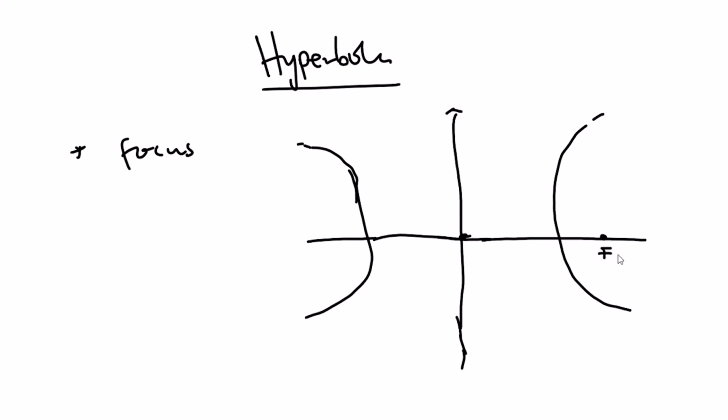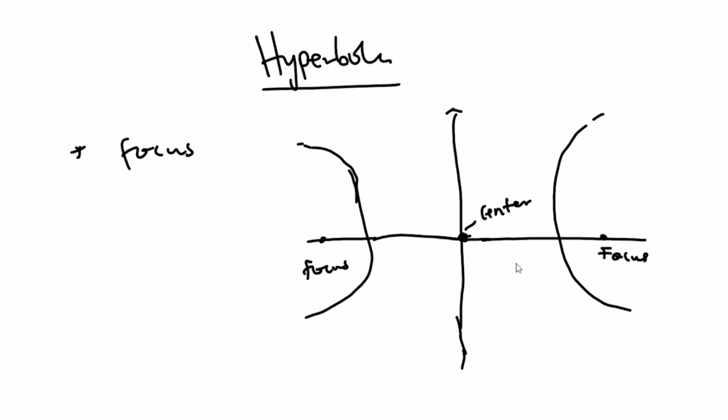So we have one here, a focus, and another one here, another focus. Now, the point midway between the foci is called the center. So this place is called what? The center.